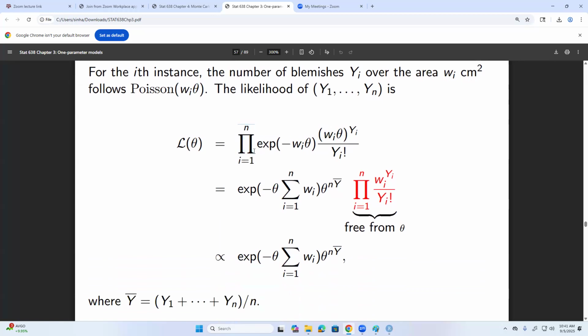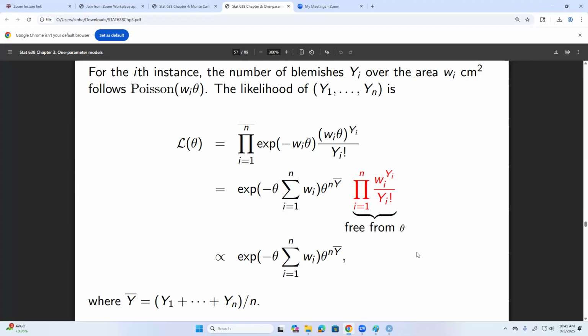And if you do that, this is just algebra. It is e to the power minus theta times the sum of w_i, theta to the power n times y bar. And this part, I wrote in red to signify that it is free from theta.